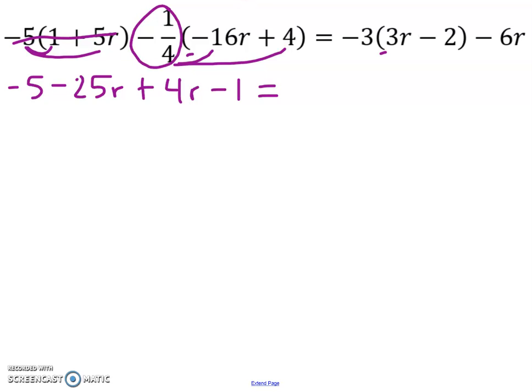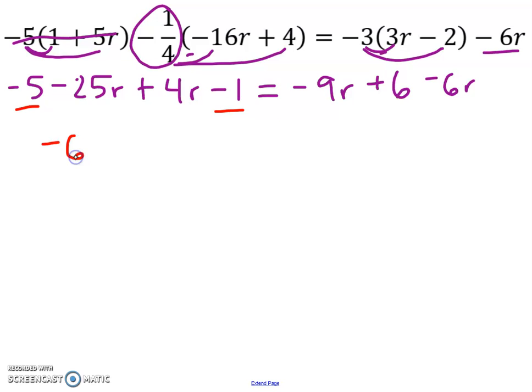Okay, so on the right side, we have negative 3 times 3r is negative 9r. Negative 3 times negative 2 is going to give me positive 6. And then we have the negative 6r at the end. Woo, that was a lot, but we are masters. All right, we're looking for like terms. Okay, so I have this negative 5 and a negative 1.